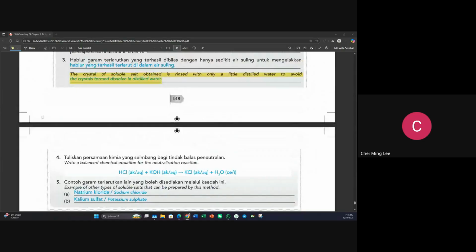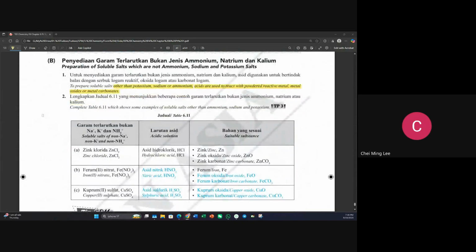All right. So let's see the second one, the preparation of soluble salt other than ammonium, sodium, and potassium salts. So acid is used to react with powdered reactive metal, metal oxide or metal carbonate.